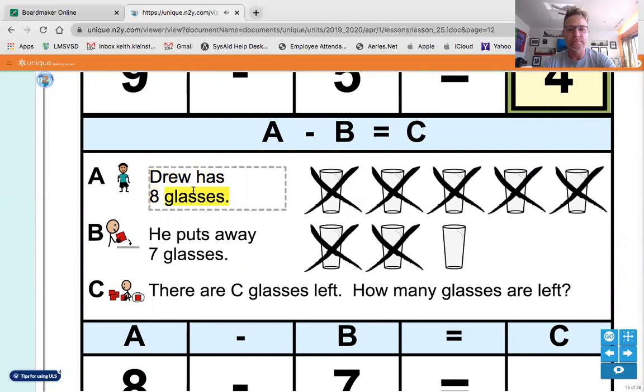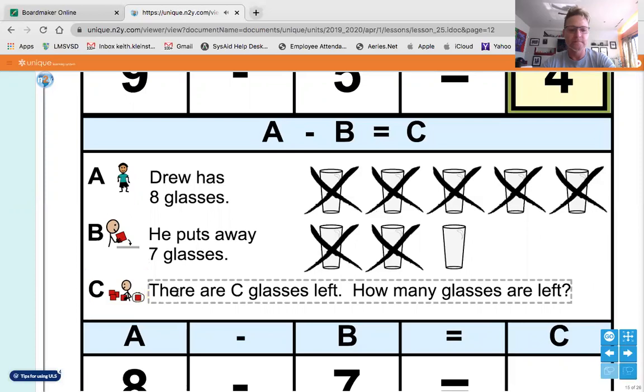Drew has 8 glasses. 8 glasses right here. 1, 2, 3, 4, 5, 6, 7, 8. B. He puts away 7 glasses. So you count out 7. 1, 2, 3, 4, 5, 6, 7. They're gone.